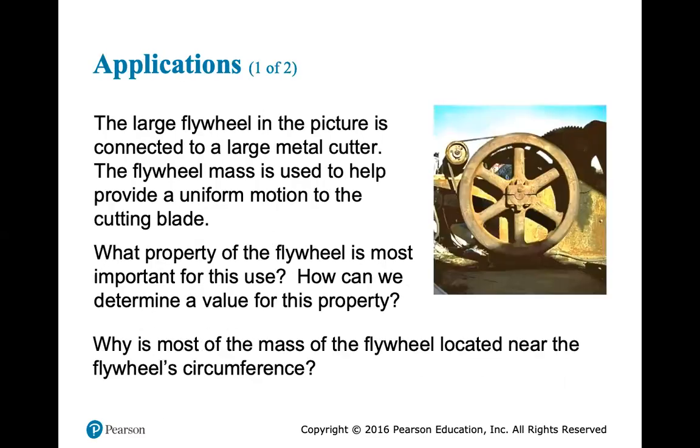Over here, there's a machine with a big flywheel. We want to understand how to calculate the moment of inertia for this flywheel, because that's the number which governs how easy or hard it is to spin that flywheel. The shape and details of the flywheel will matter.